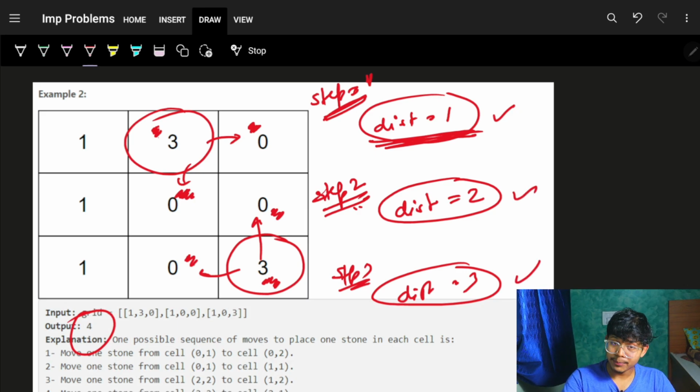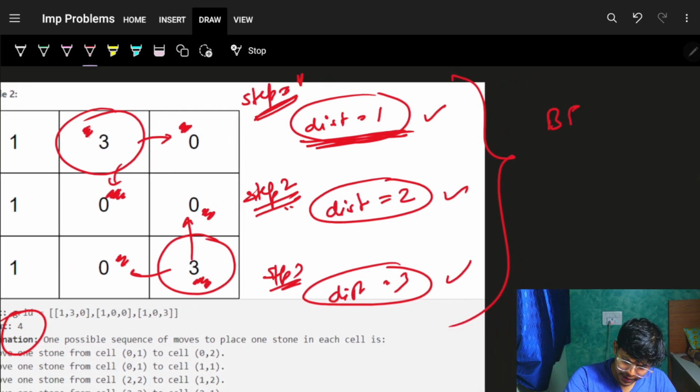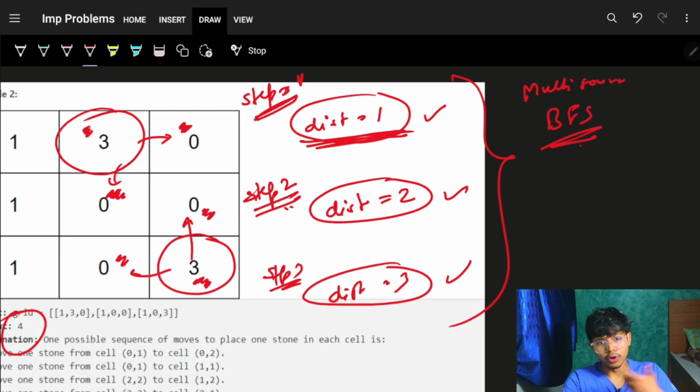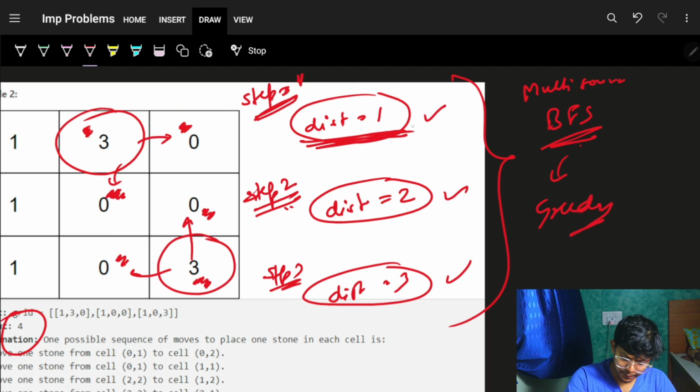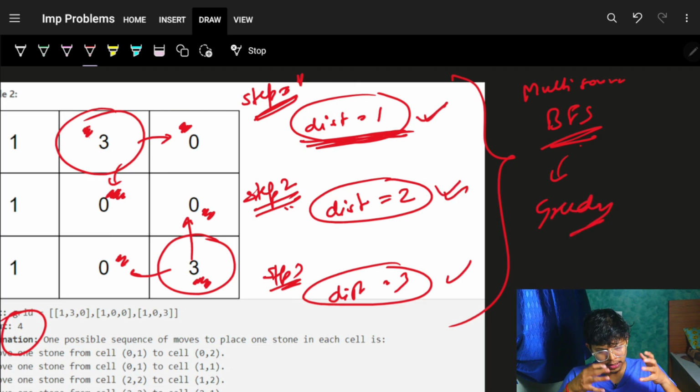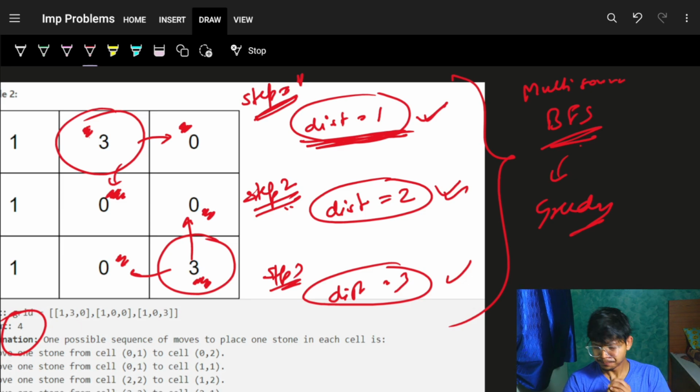And that's how I can just keep on repeating. That looks very feasible and simple: doing a multi-source BFS and reaching all the stones. And at every point, we are just greedily assigning the shortest distance for this particular cell, and we'll solve this problem by that.